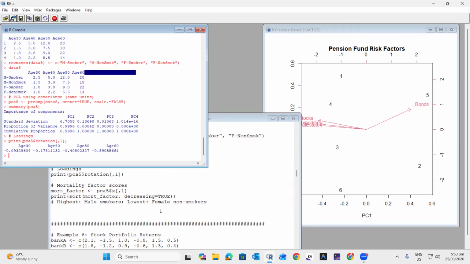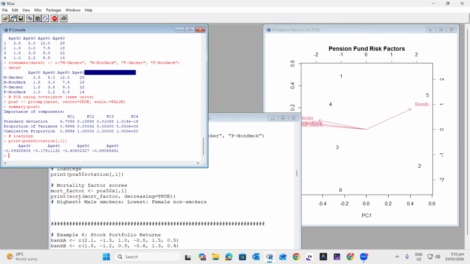If you take the magnitude of all of these values, loadings increase with respect to age. So PC1 is the weighted sum of the mortality rate with the older ages given more weight. Because loadings are negative, a higher PC1 score corresponds to lower mortality, since larger mortality gives a more negative contribution and lowers the score. Thus PC1 can be interpreted as an inverse mortality index.